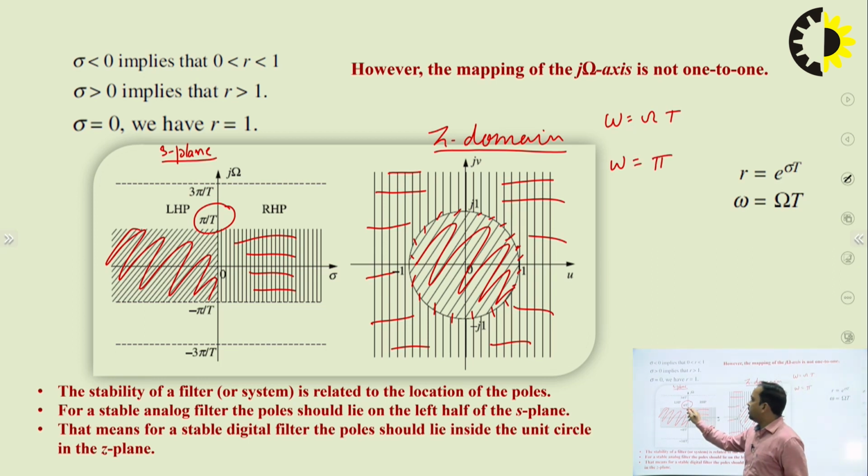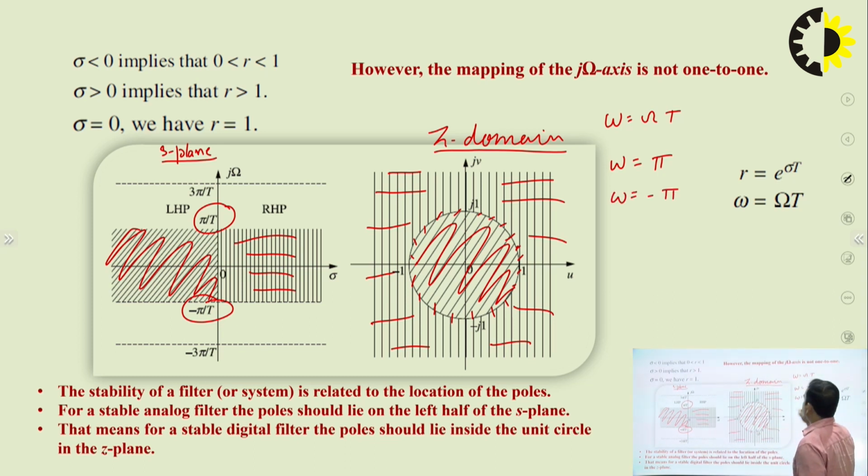So the corresponding frequency in the digital domain will be pi. Whereas if we put minus pi by T, I get omega equals minus pi. So the entire range of frequencies in the digital domain has been considered, lying between minus pi and pi.